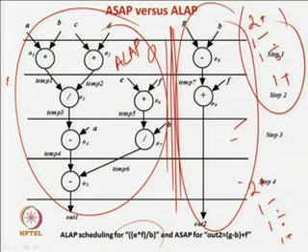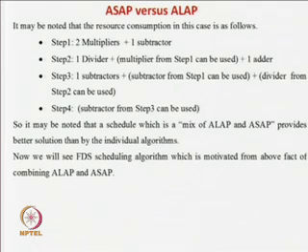It is very difficult for us to first try as soon as possible in one part of the circuit and then try as late as possible in the other part of the sub circuit, and then find out which one of them gave a better result. Like in this case we first tried as soon as possible, then as late as possible, then found that for this part of the circuit we apply as late as possible, and for this we apply as soon as possible. This is a very difficult way of solving a problem. So next we will see another heuristic which is called force directed scheduling, which is a hybrid of as soon as possible and as late as possible.